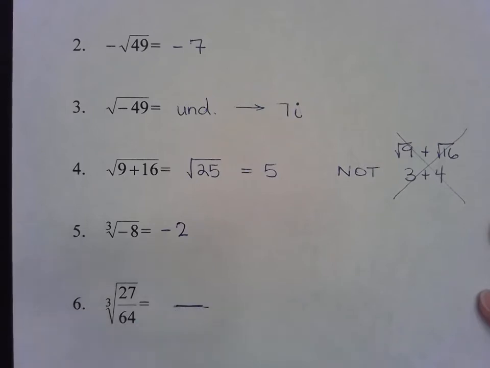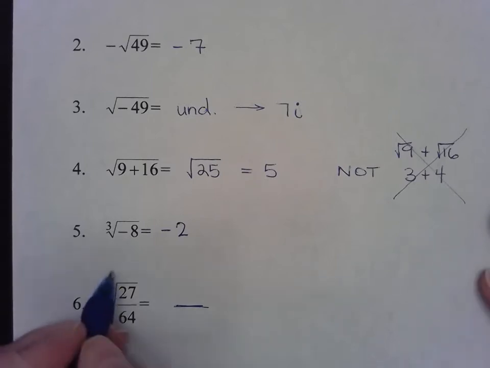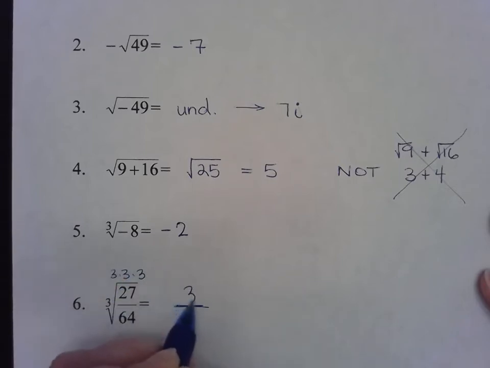The cube root of 27: 27 is 9 times 3, and 9 is 3 times 3, so that's 3 times 3 times 3. 64 is not always one you know, but it is 4 times 4 times 4.